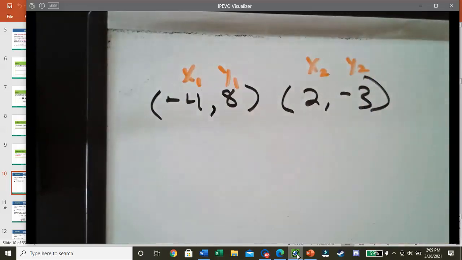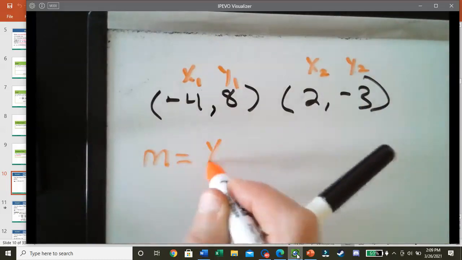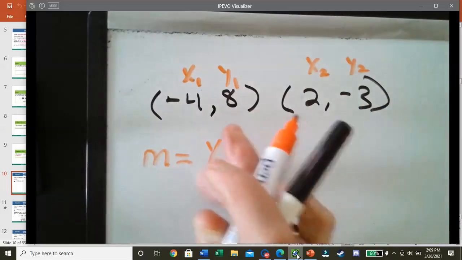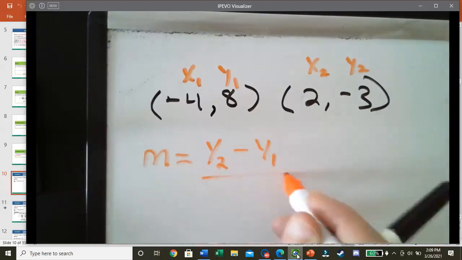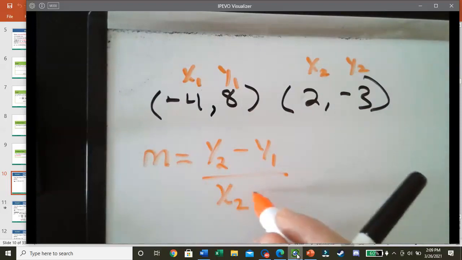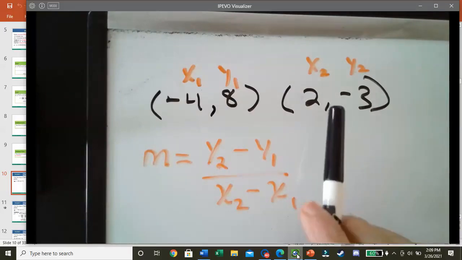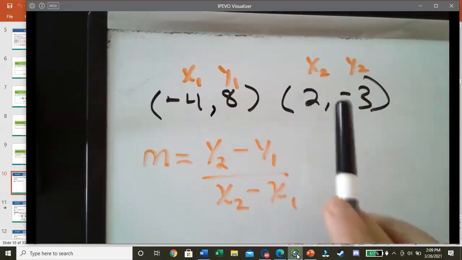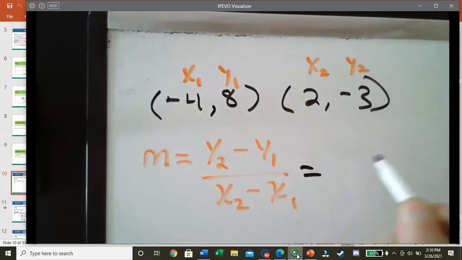And then we write the equation, m, your slope, y2 minus y1 over x2 minus x1. It helps to write the equation down every time, because then you don't have to think so much about where the point goes, the value goes in the right place.